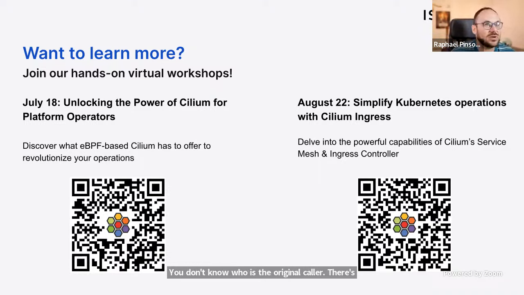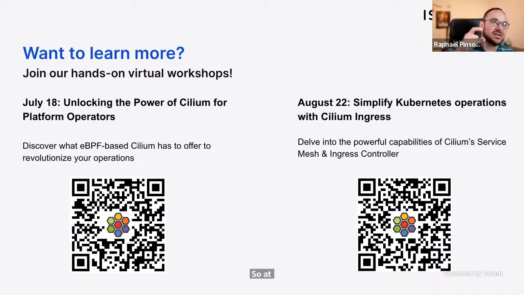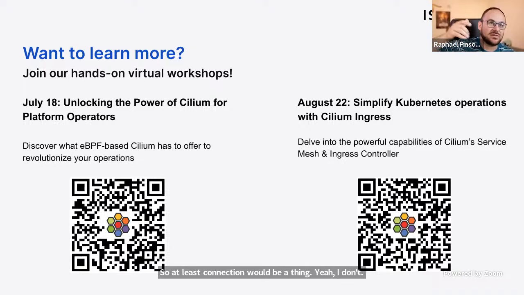So least connection would be a thing, yeah. I don't think we do this by default, but typically if you want to go further and actually have some kind of sticky sessions, you need to use layer 7 logic. It's typically possible using Gamma.